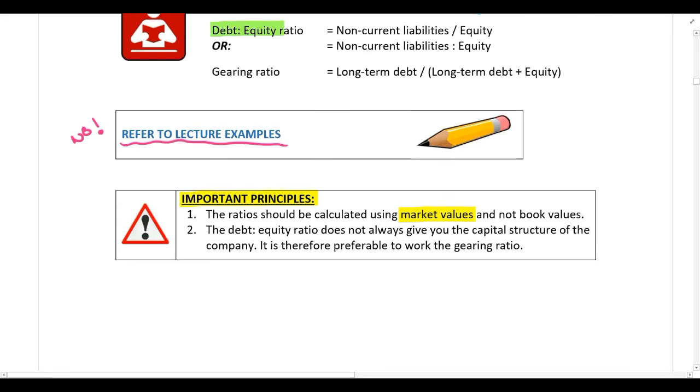When you calculate the debt to equity ratio and the gearing ratio, you must use market values. And then in addition to that, you'll see when you work through the examples, the debt to equity ratio does not always give you the capital structure of the company. So it's often necessary to take the debt to equity ratio and convert it into a gearing ratio.